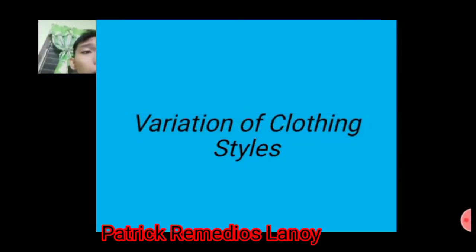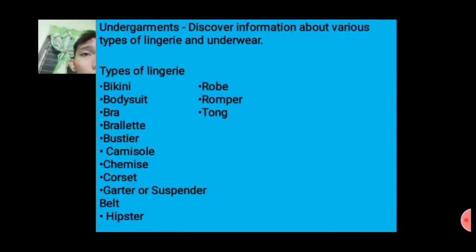So this is the continuation of clothing styles. The first one, we have the undergarments. Discover information about the various types of lingerie and underwear. Undergarments or underwear are items of clothing worn beneath outer clothes. We have the types of lingerie: the bikini, the bodysuit, the bra, bralette, bustier, camisole, chemise, corset, garter or suspender belt, hipster, robe, romper, and thongs.